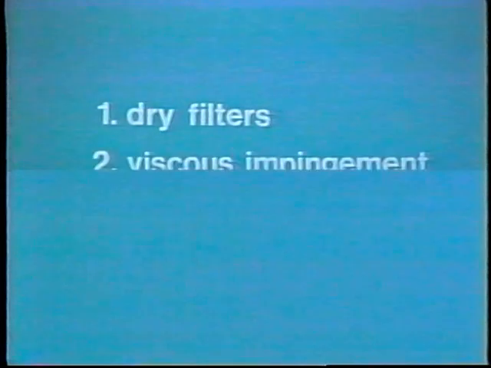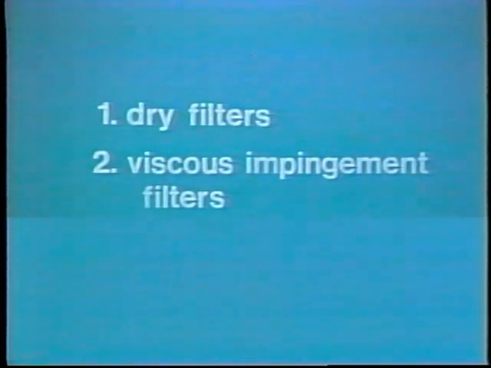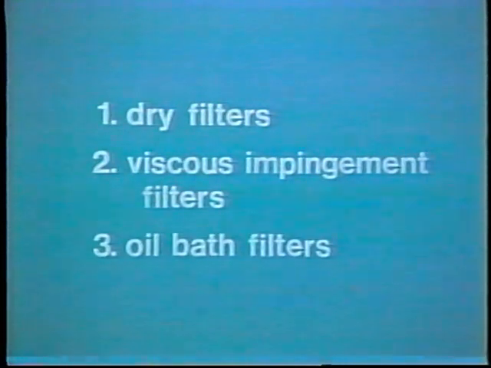Filters may be one of 3 types. 1, dry filters use a felted cloth or paper as the filter medium. 2, viscous impingement filters have woven wire in cells or frames which are coated with oil. And 3, oil bath filters, in which the air is cleaned by a scrubbing action in oil and dirt is washed down into a sump.